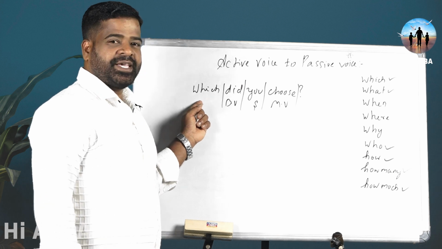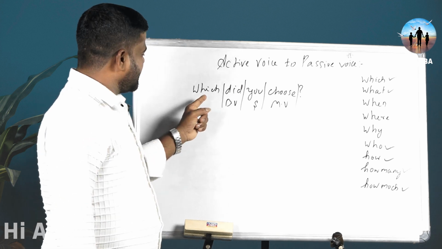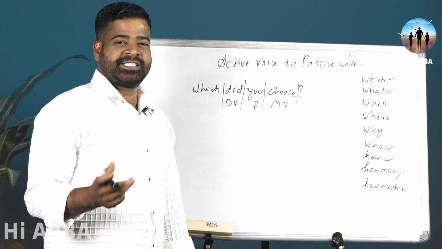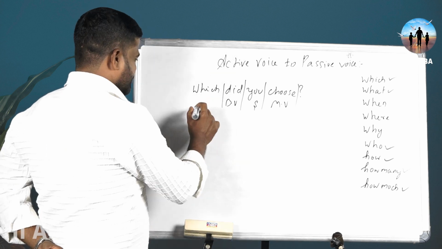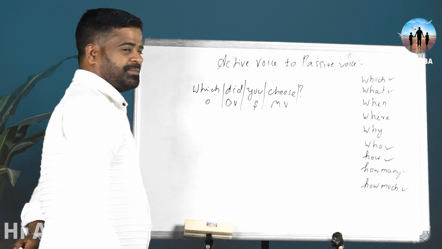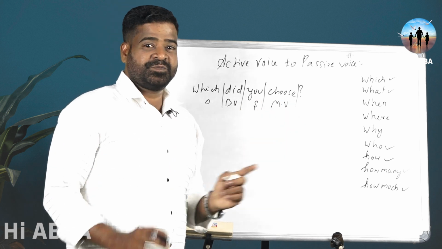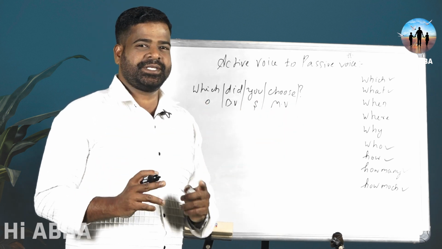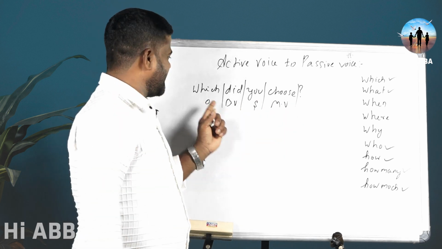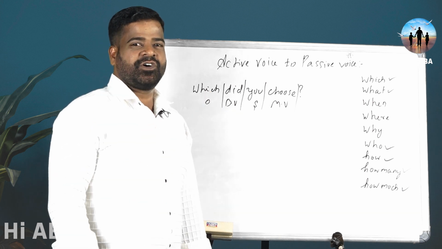Now this is a WH question, but sometimes this itself will be treated as an object. Now actually in this question this is the object. Now instead of that, we should not create an object there. Don't misunderstand that, don't confuse that with object creation. Here that which itself is the object.